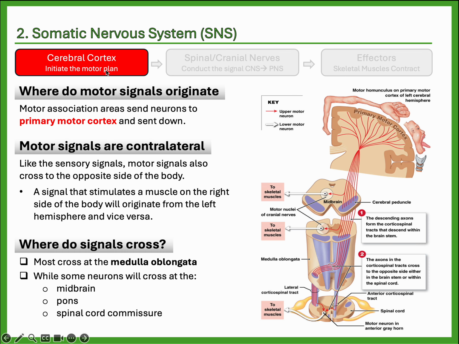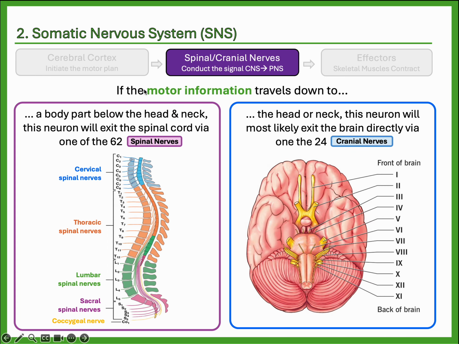I initiate a motor plan. I tell which muscles need to contract, and then I send an axon down through these brainstem structures. But now, if the motor information travels down to a body part below the head or neck, the neuron will exit the spinal cord.